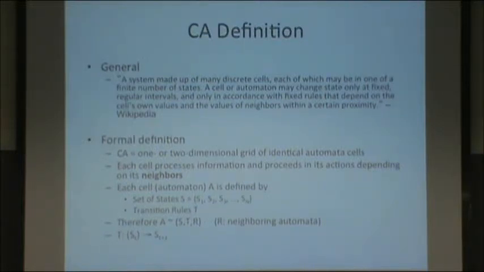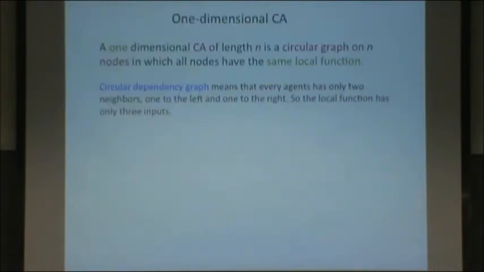And we'll think about mostly the synchronous case, when those transition rules give you the transition from one state to the next of the cell, and that happens at steps, the same step for all the cells. So let's get to the examples. First we're going to look at the simplest example, a one-dimensional cellular automata of length n.